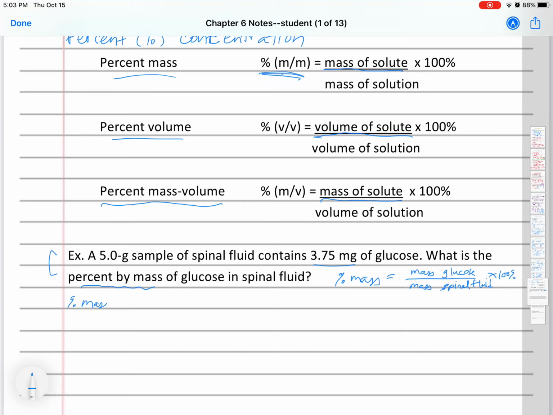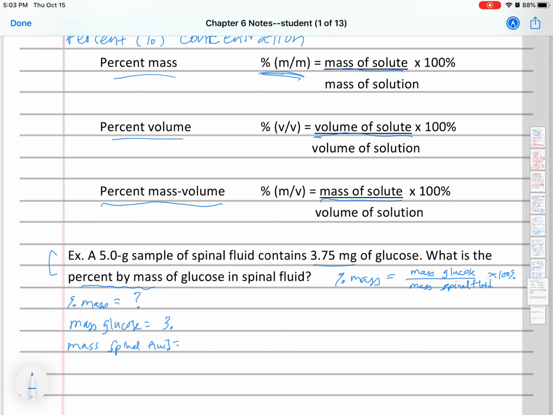So let's write out these different components. We've got percent mass. We need the mass of the solute, so the mass of the glucose, and we need the mass of the spinal fluid, which is the solution. So we don't know the percent mass. That's what we're trying to find out.